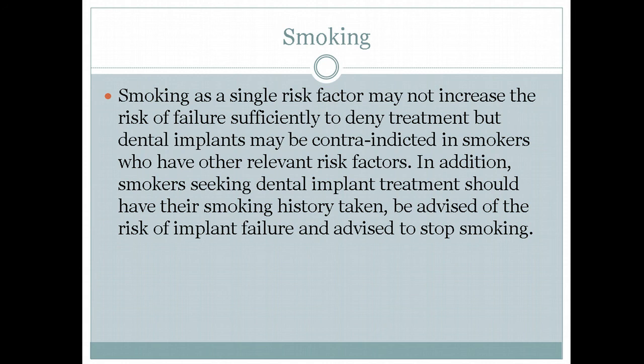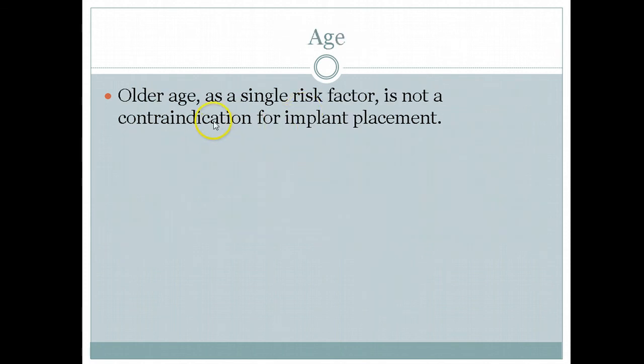Well, what do you mean, why did I smoke? So, these numbers are very small, but at least you have a reason if it doesn't work instead of, hey, I don't know what happened. And the patient also understands what they're stepping themselves into. Age, older age, a single risk factor is not a contraindication from our point of view.